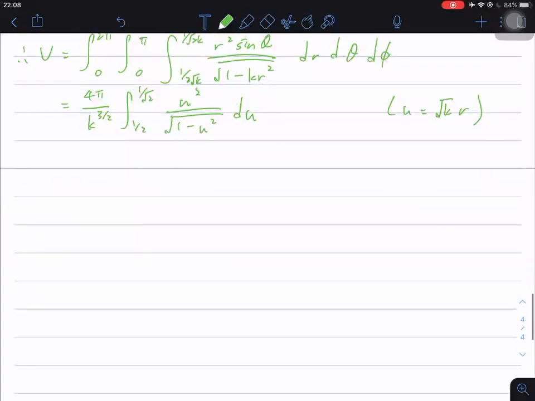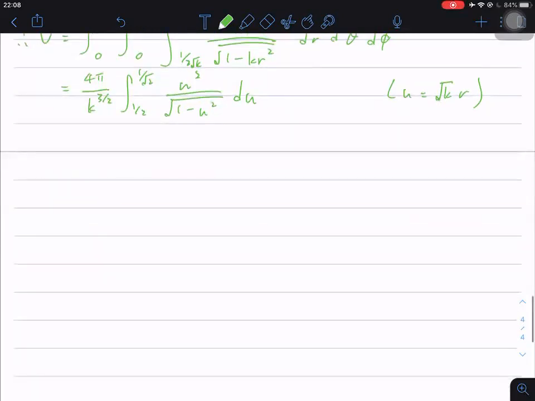Again, by some further substitution, I think you all can handle this, or even if you are too lazy to do the integration, I suppose there are a lot of resources on the internet for you to do the calculation. So here I just write down the result.